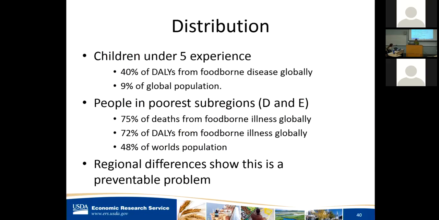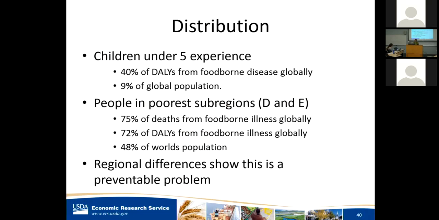So some important, very basic things come out of this. Children under 5 experience a disproportionate burden. They experience about 40% of the daily loss globally, but they're only 9% of the world population.